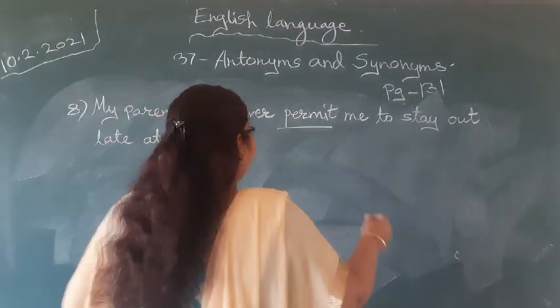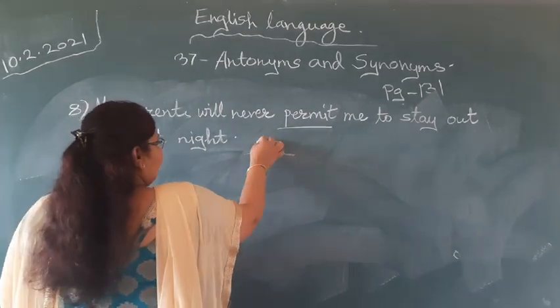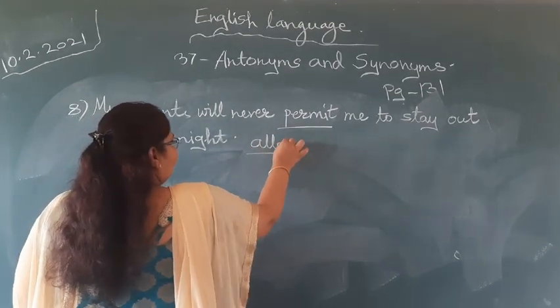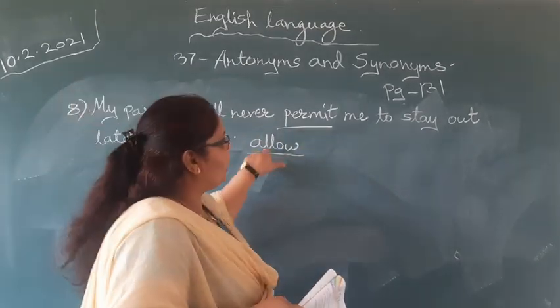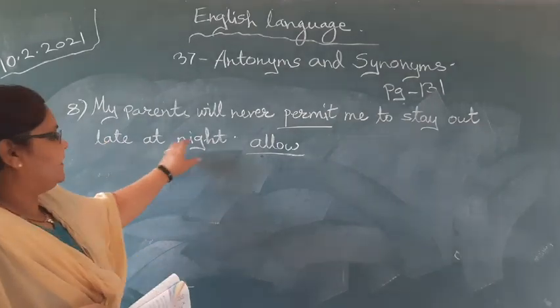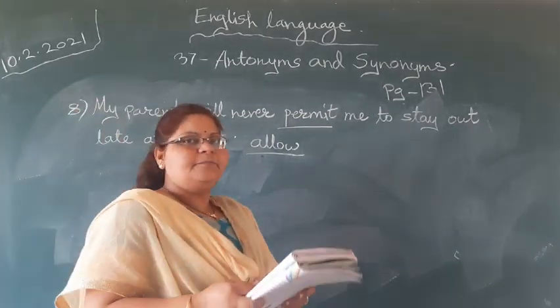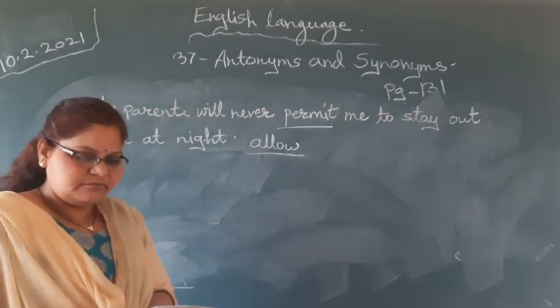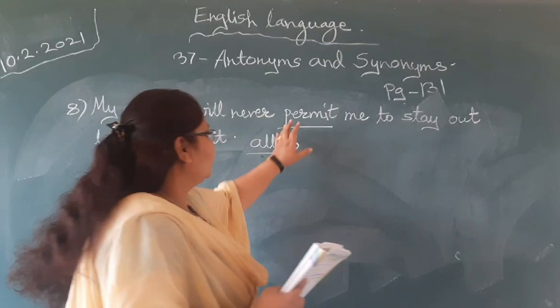So the similar word you can say allow. The parents will never allow me to stay out late at night. So one another word you can say grant permission. Okay. So the word you can use more, that similar word that is grant also for permit.